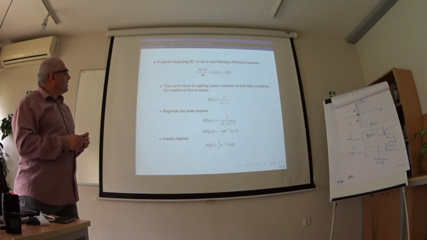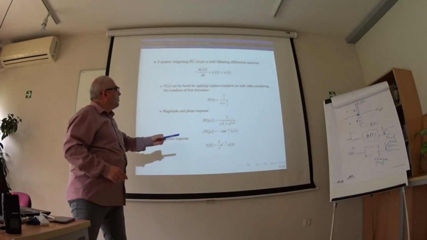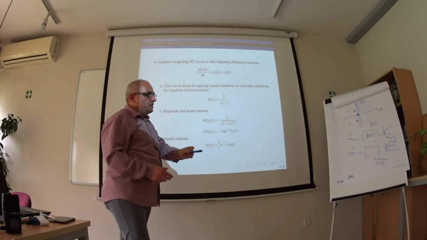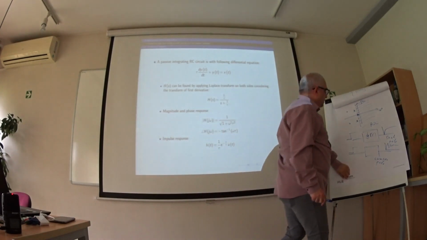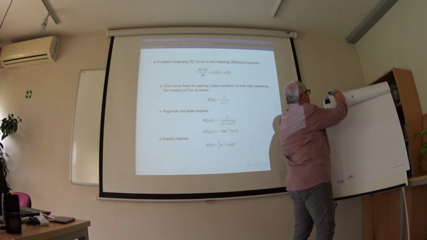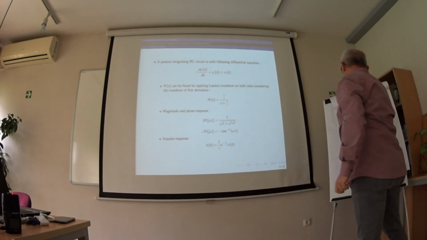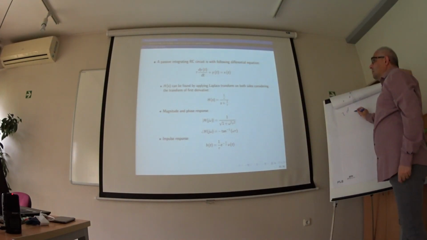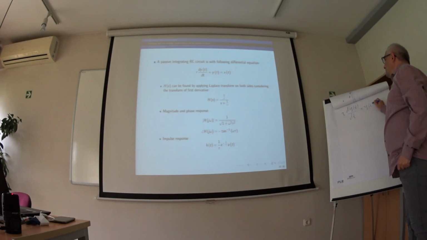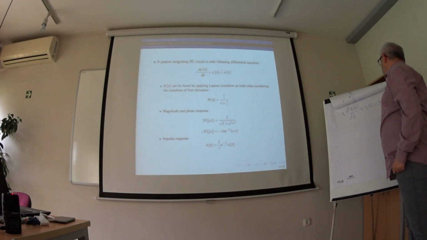If we have an integrating circuit, it can be described by the following equation, and we can find the transfer function very easily. We have tau times the first derivative of the output plus output is equal to the input.